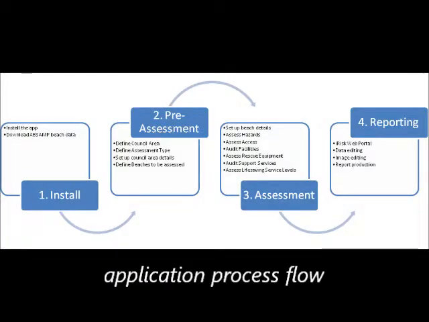This diagram shows the application process flow, so by now you should have successfully installed the application, which is stage 1. Stage 2, the pre-assessment stage, was covered in video tutorial 1. Video tutorial 2, which was hazard identification and risk assessment, is in the 3rd stage, the assessment stage.